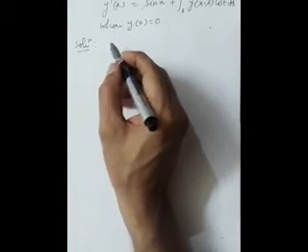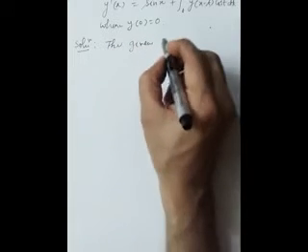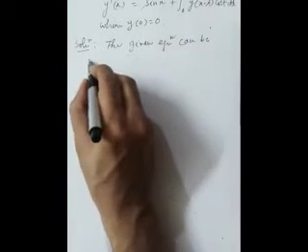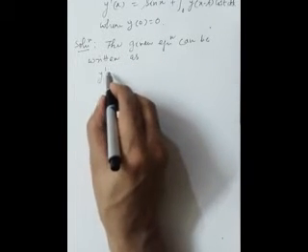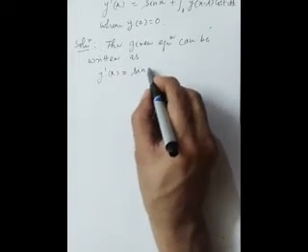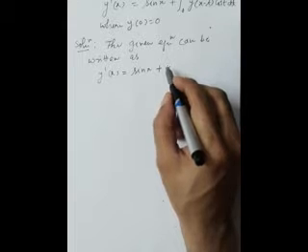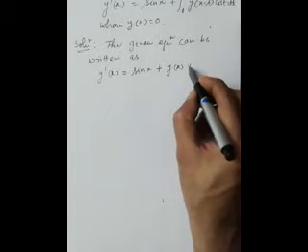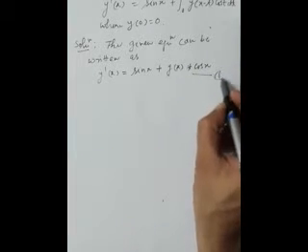The given equation can be written as y'(x) equal to sin x plus the convolution of y(x) and cos x. This equation is denoted by 1.